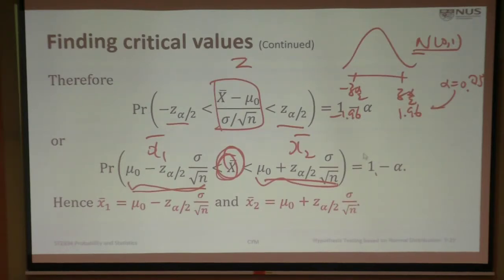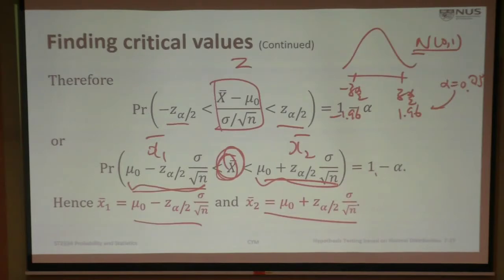So I collect the data, look at the sample, calculate x bar. If x bar falls within these two numbers, I do not reject the null hypothesis. But if it falls outside it, I will reject it. And by doing so, the chance of committing a type 1 error is only alpha percent.